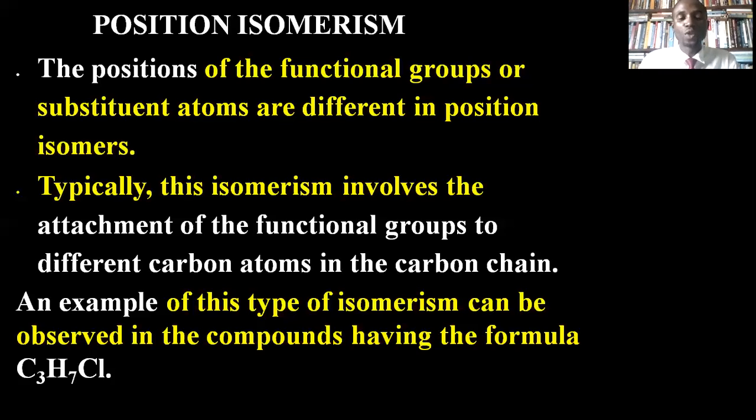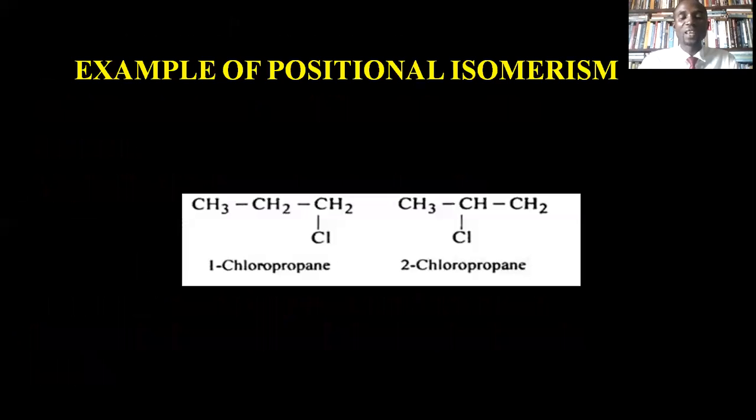So let's use this particular C3H7Cl as an example and see what we mean by position isomerism. This one, see, the chlorine is being attached to the first carbon atom. It could be chlorine, it could be methyl, it could be anything, it depends. But the functional group or the substituent that is being attached changes position.